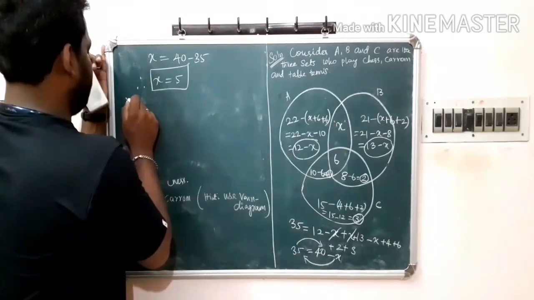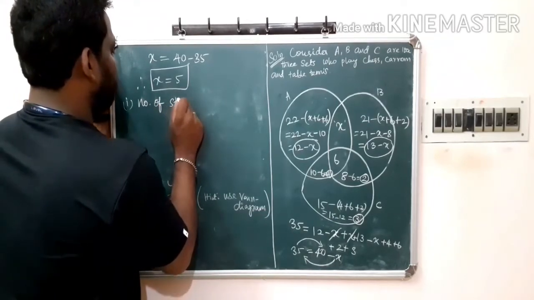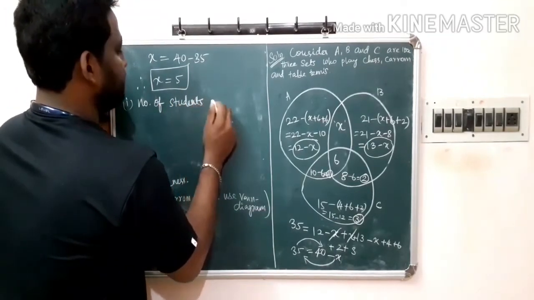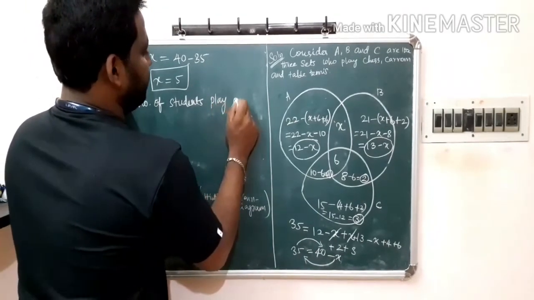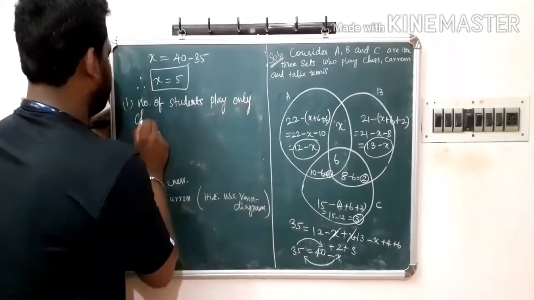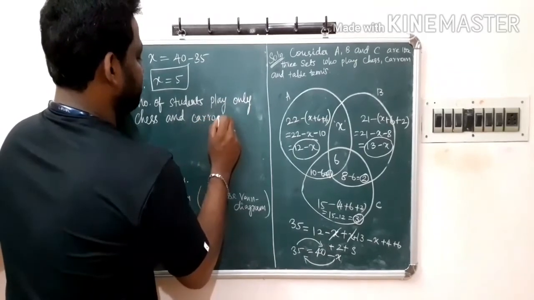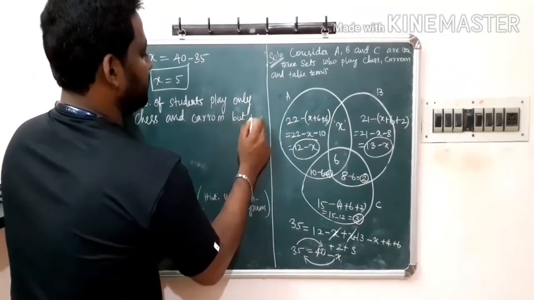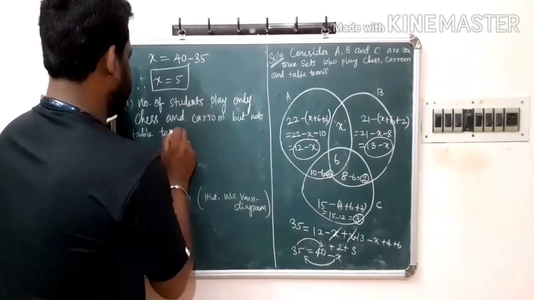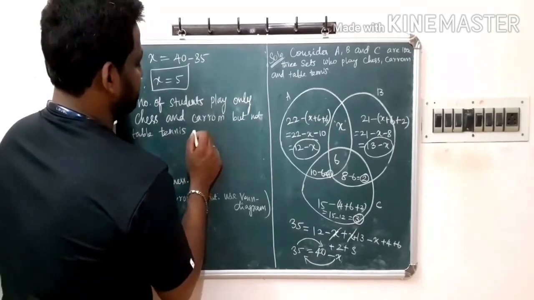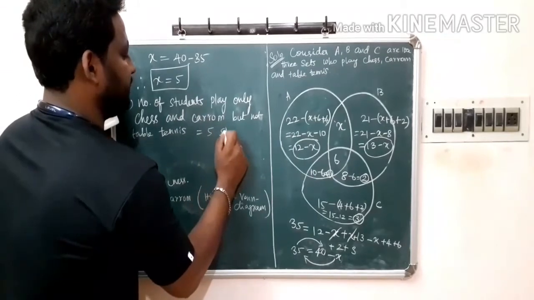So first one, the number of students who play only chess and carom, but not table tennis, is how many students? The x value is 5, so 5 students.